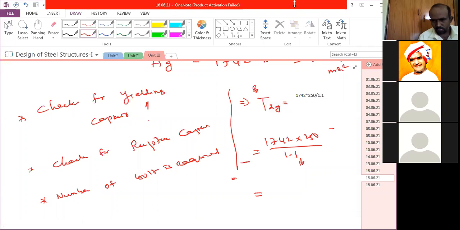What is the answer? So this is the yielding capacity: 395.90 kilonewtons, which is greater than the required value.